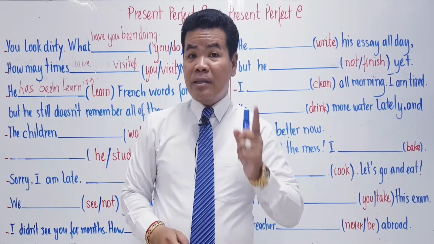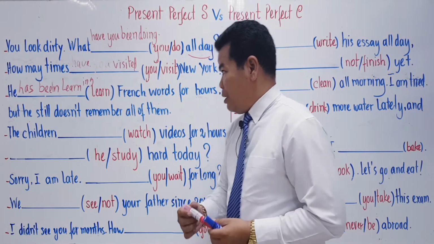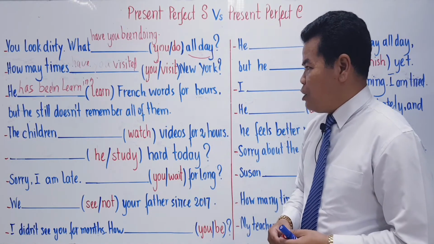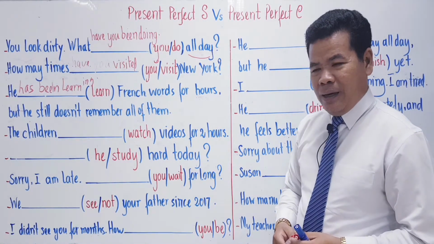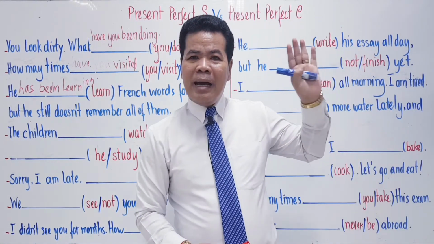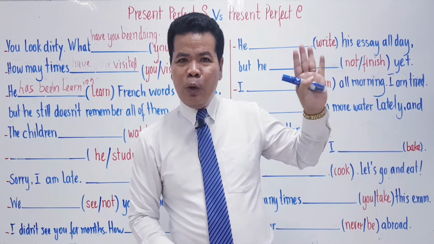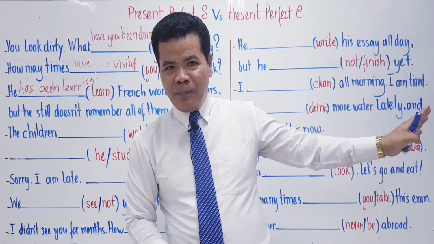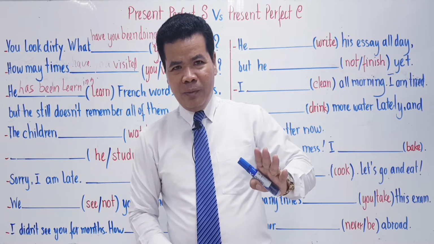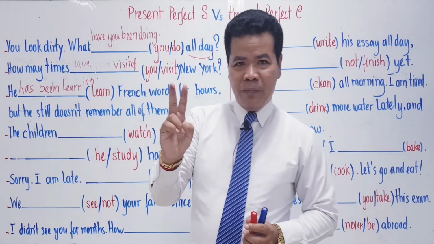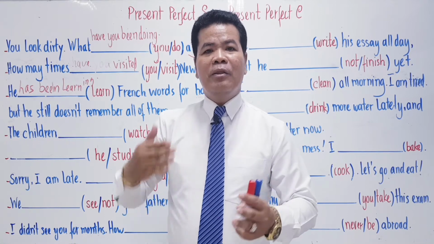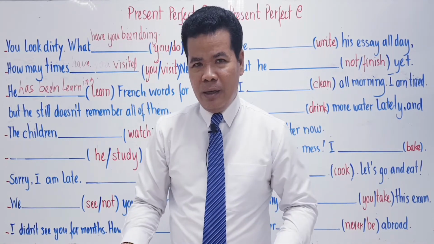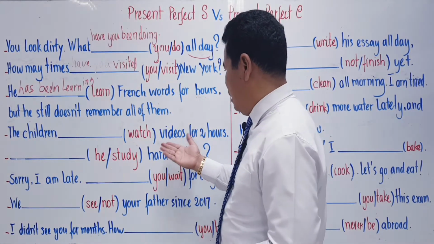And then the parent says, the children have been watching video for 2 hours. Since the last 2 hours, okay? Until now, just 2 hours' time. 2 hours is the period of time the children are watching TV, or are watching the movie.